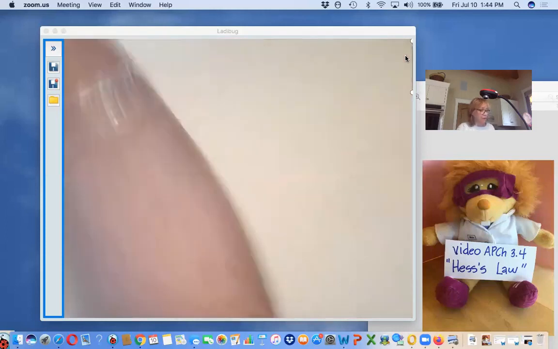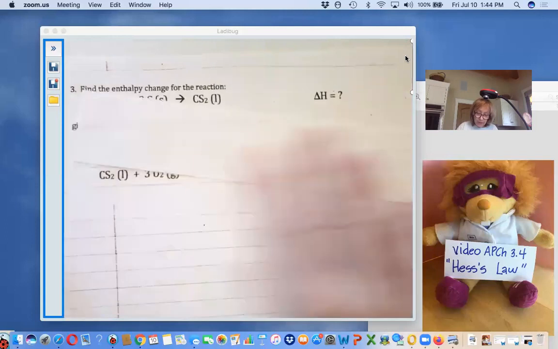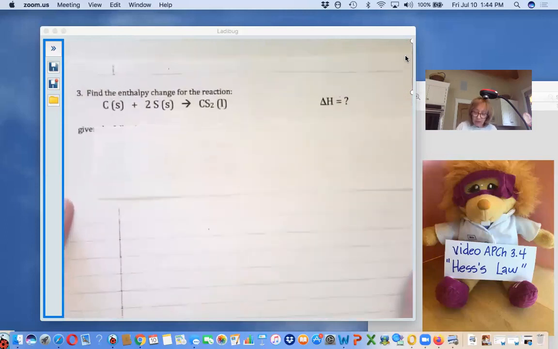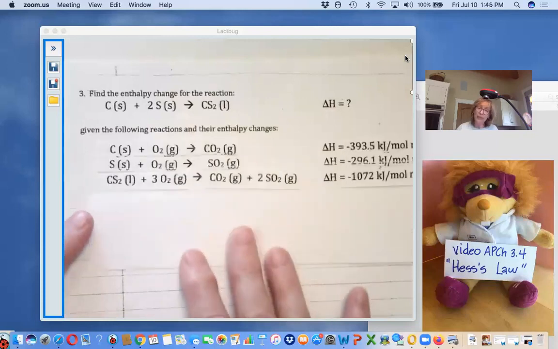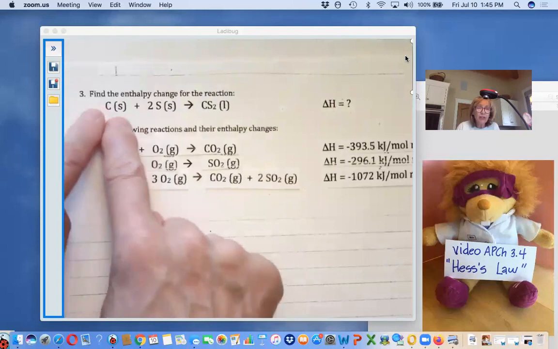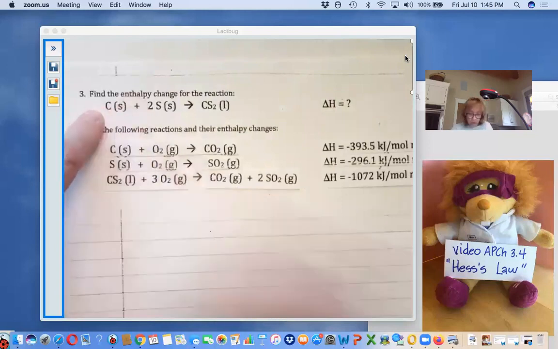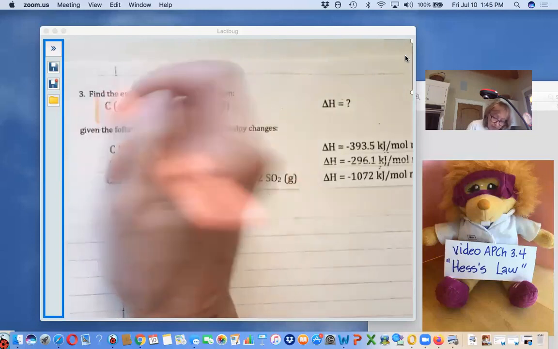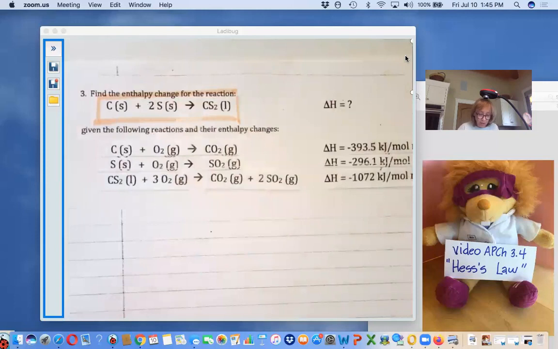So my third example, here's the target equation. I want to know its enthalpy change. And oh, this time I have 3 pieces to work with. Okay, so again, the strategy. Let's look at the first reactant. It's carbon. I need to end up with this equation that has carbon on the reactant side.